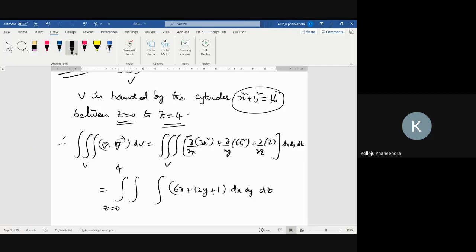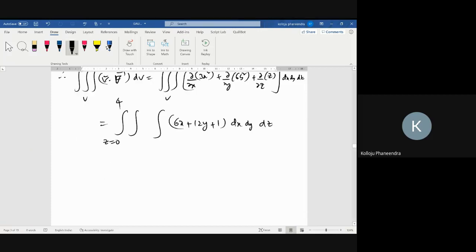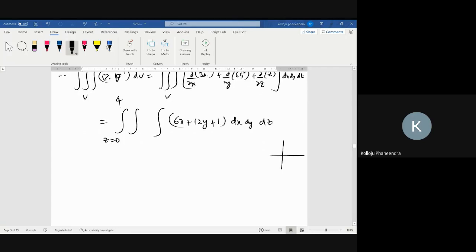Over the full circle, the domain is x square plus y square equal to 16. If I consider a vertical strip, the y limits are negative root of 16 minus x square to positive root of 16 minus x square, and the x limits are minus 4 to plus 4.